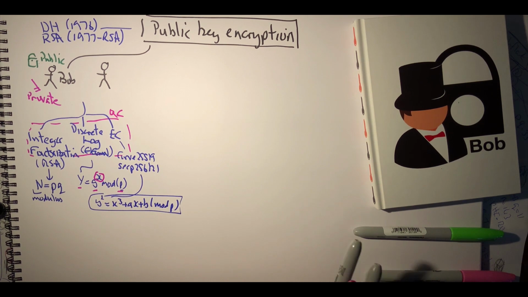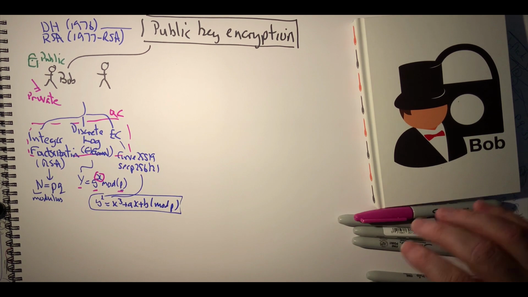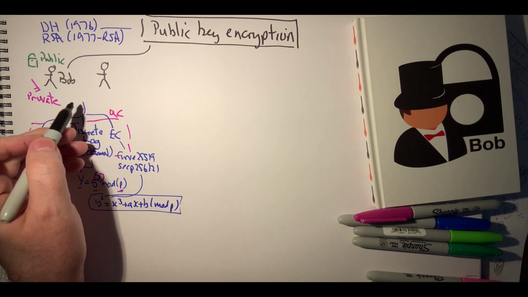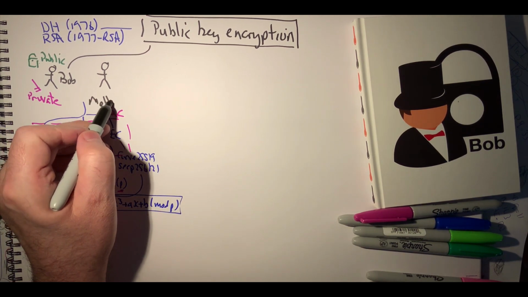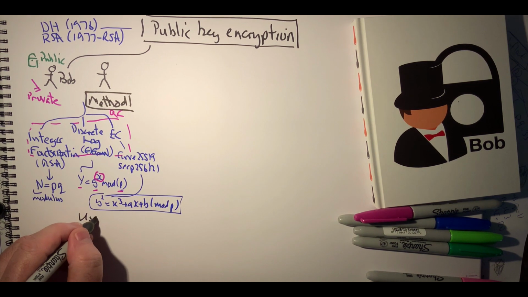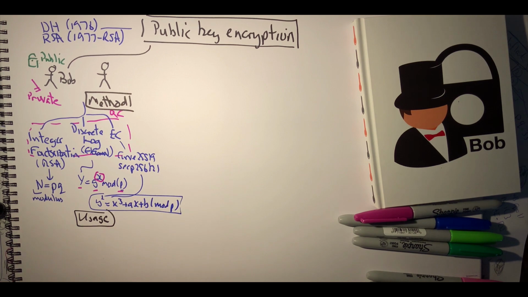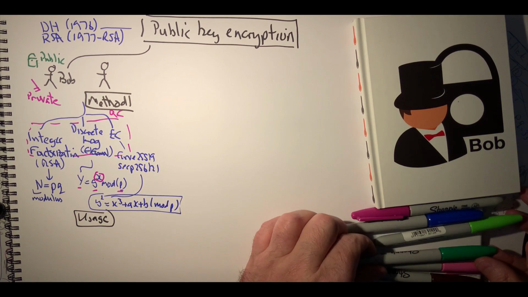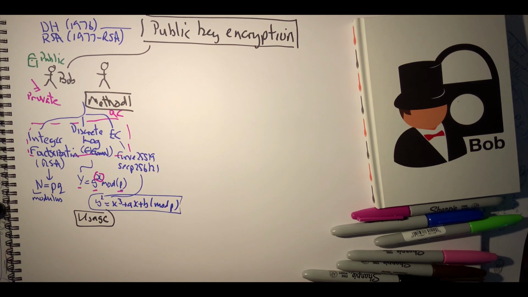So let's look at what we do with public key encryption. So these are the methods that we have. Let's look at the usage. There are three main things that we do for public key. First one is where we encrypt data. So here's Bob and here is Alice.